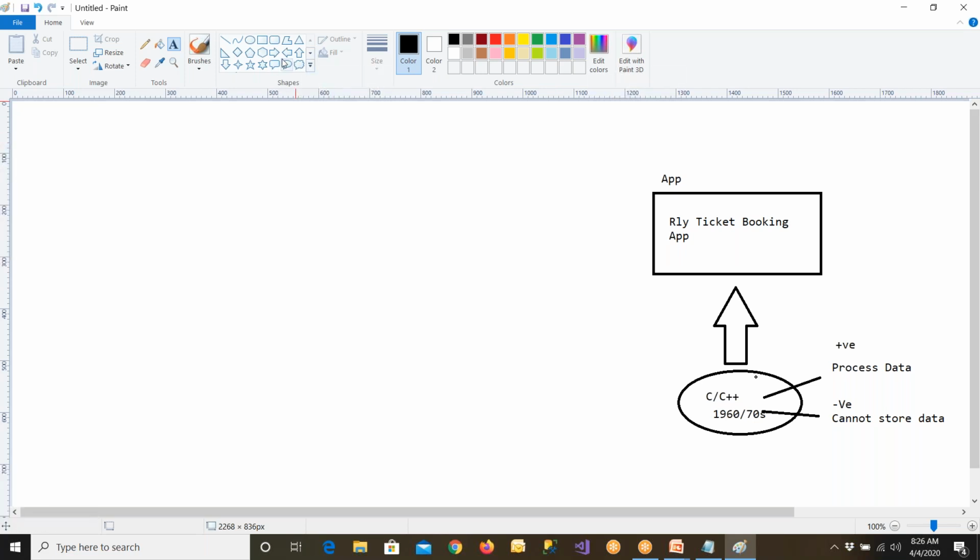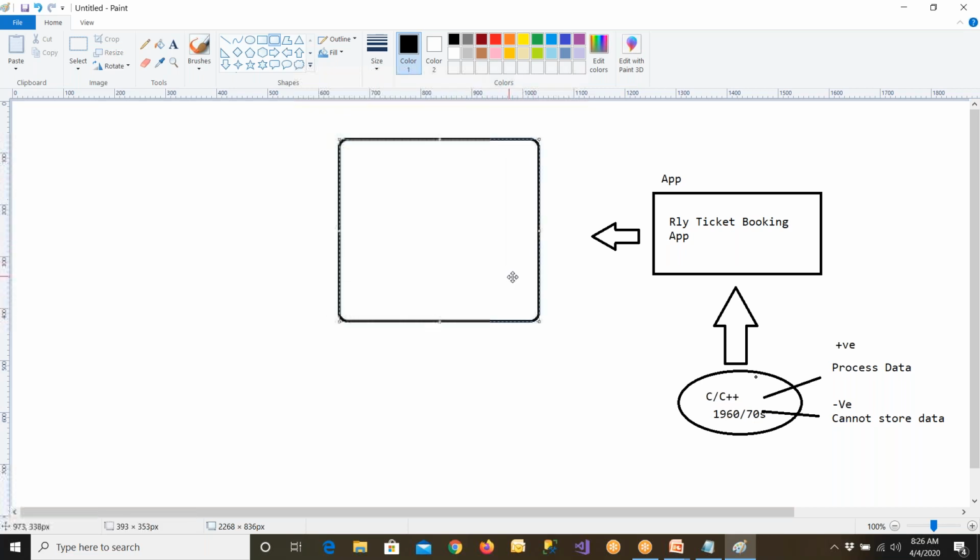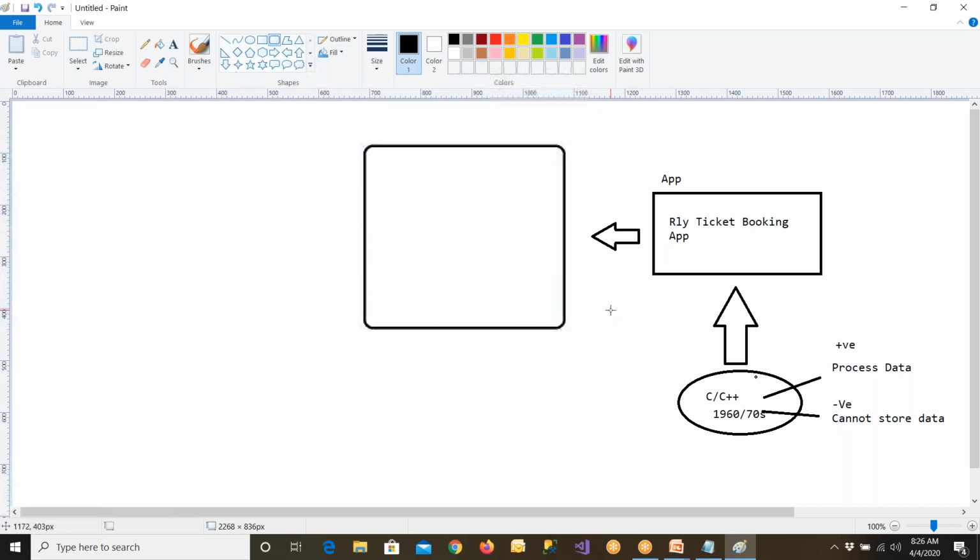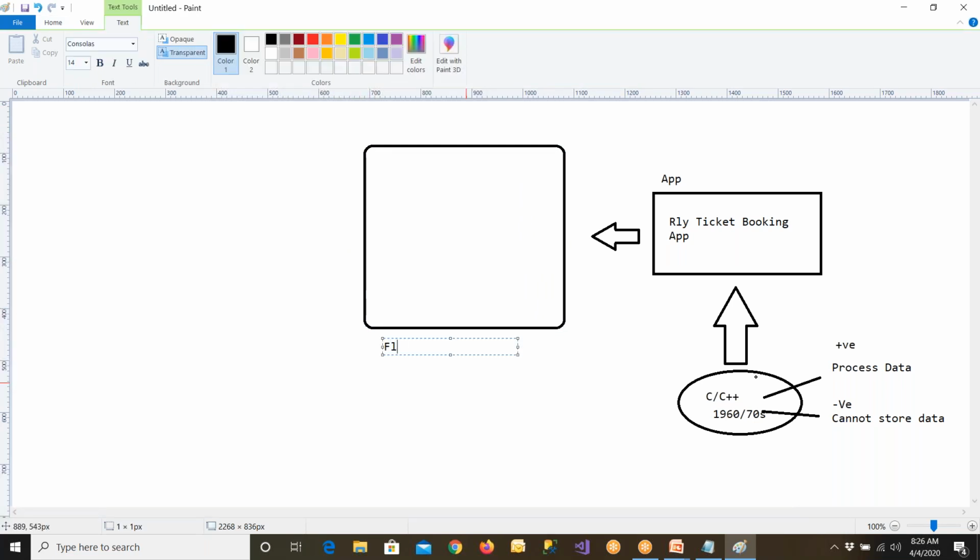But the issue is that this application, because it was developed with the help of C and C++, cannot store data. What the people did at that time, they invented one idea: let us store the data in a flat file, because a lot of data is supplied at the time of booking a train ticket.